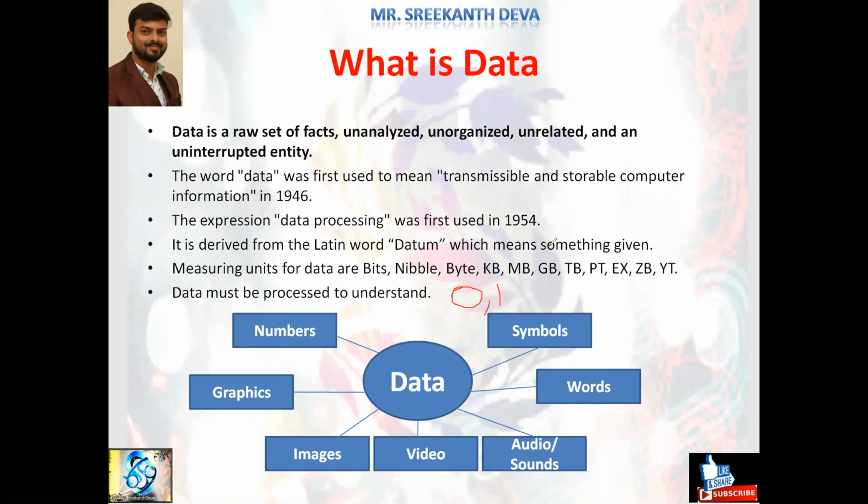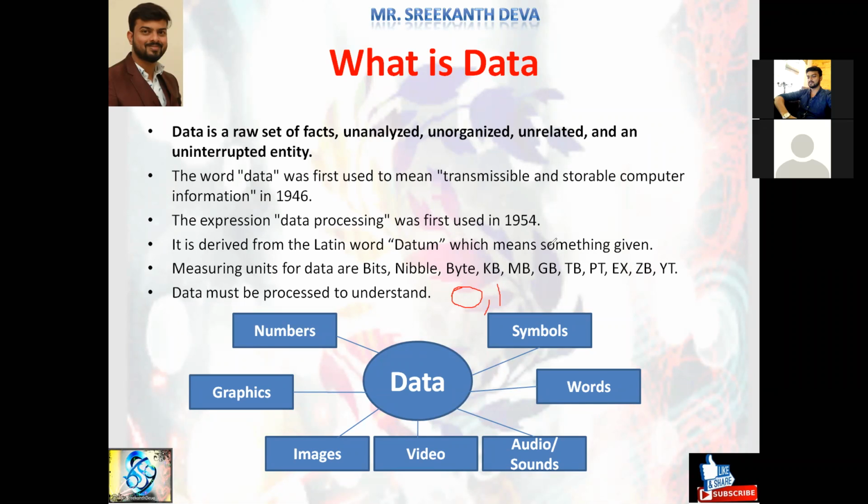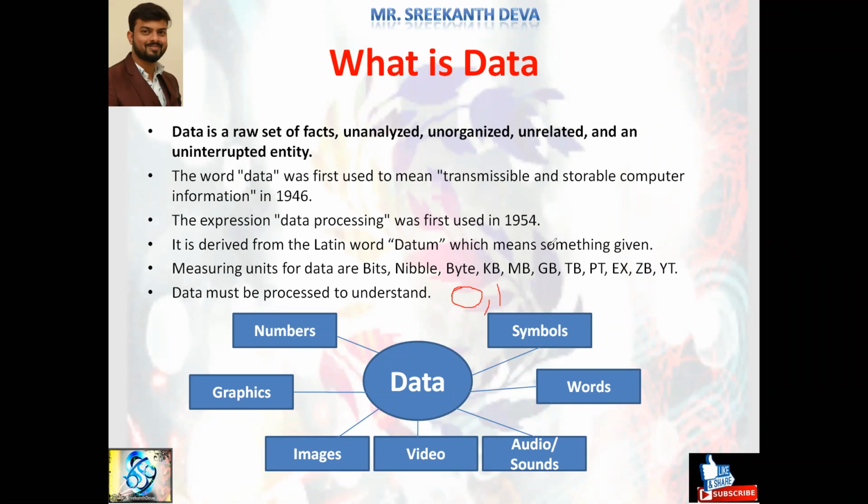A bit is the smallest unit of storage, represented by 0 or 1, because the machine understands binary format, zeros and ones only. This much information is enough about data. For more information, we'll go with the programming language, and that time you may understand.